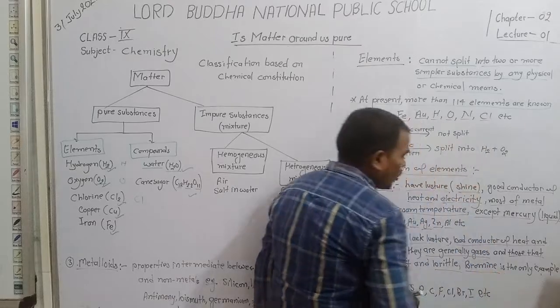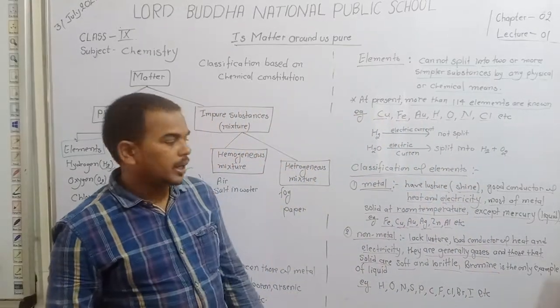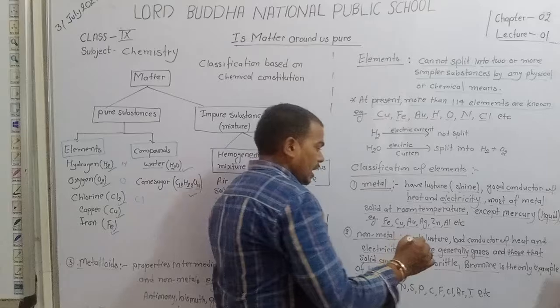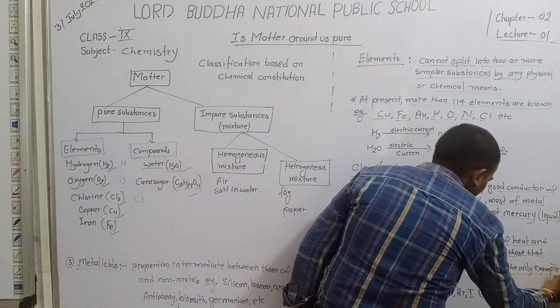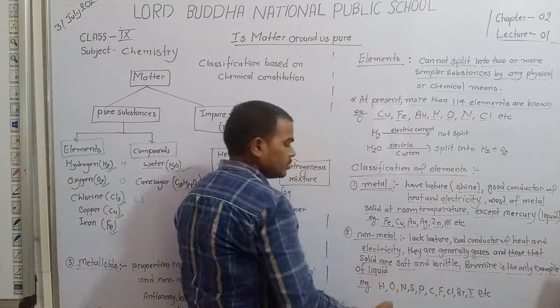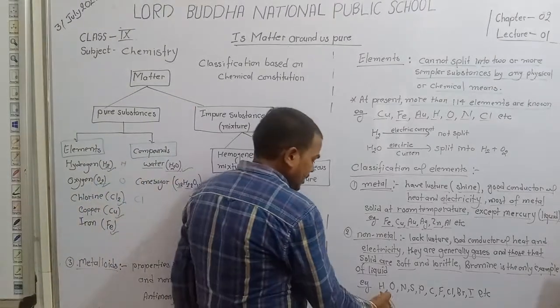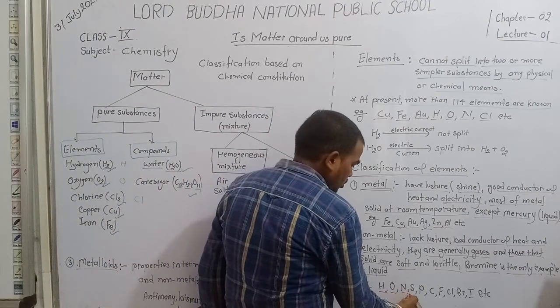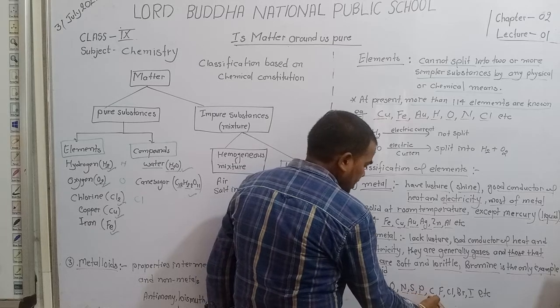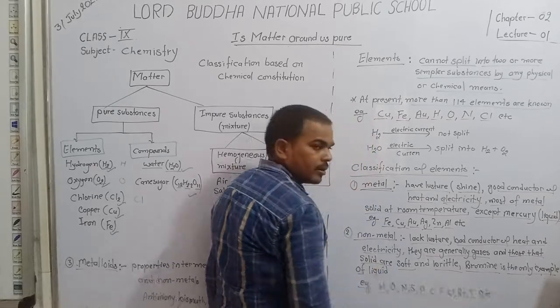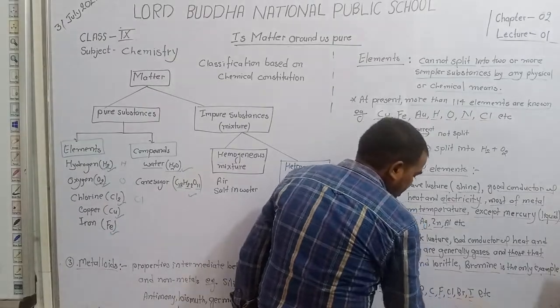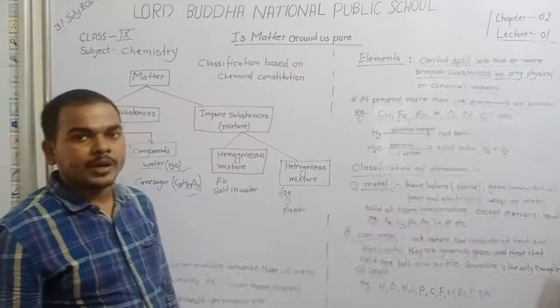Bromine is also a non-metal, but it is the only example of a liquid. Examples of non-metals are hydrogen, oxygen, nitrogen, sulfur, phosphorus, carbon, chlorine, bromine, iodine, etc.